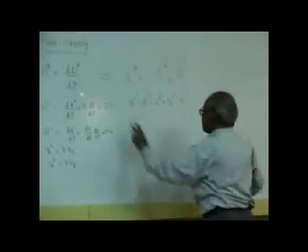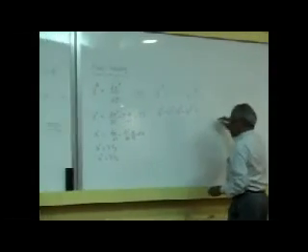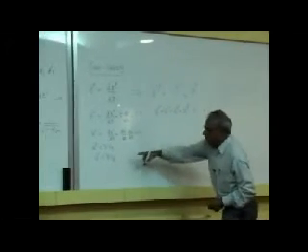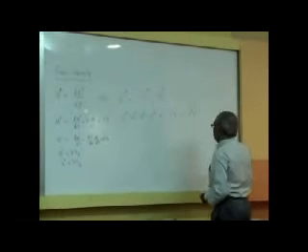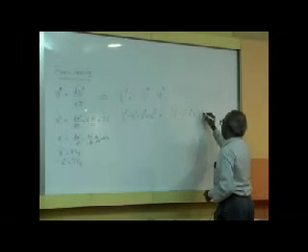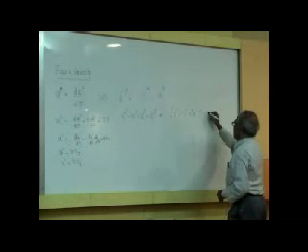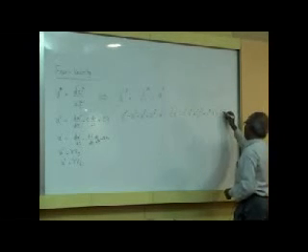This quantity is c squared gamma squared minus gamma squared times vx squared plus vy squared plus vz squared. That is v squared, and when you add these, you will find the answer: c squared gamma squared minus v squared gamma squared, which is c squared times gamma squared times 1 minus v squared by c squared.